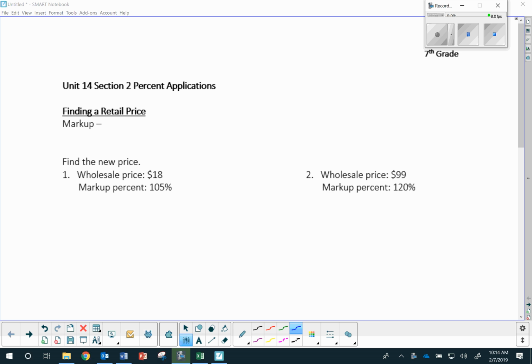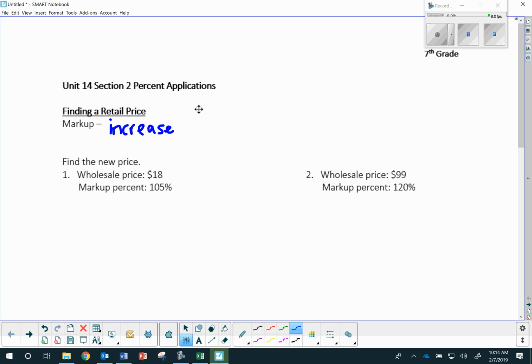So when we talk about a markup, we're talking about an increase from the wholesale price of an item to the retail price. So when a company gets an item, they don't pay as much as what they charge for it, because obviously they want to make a profit.